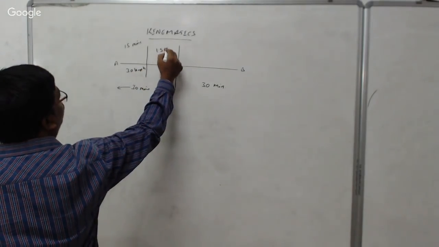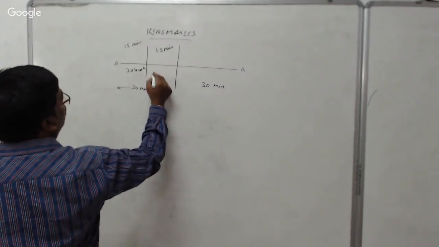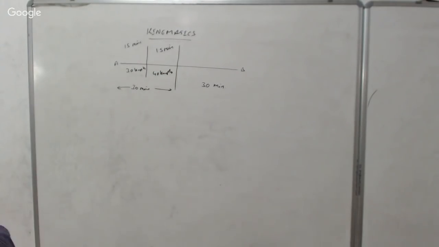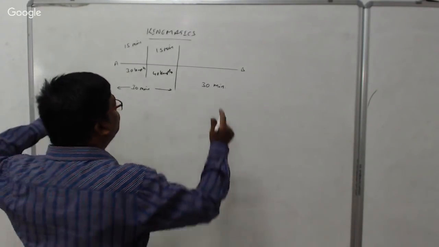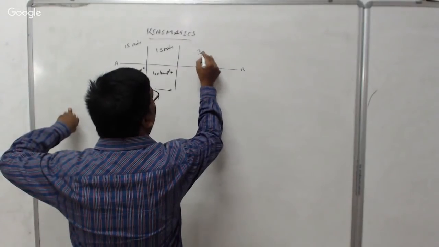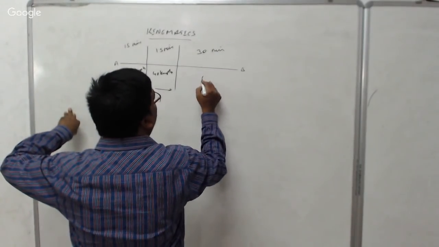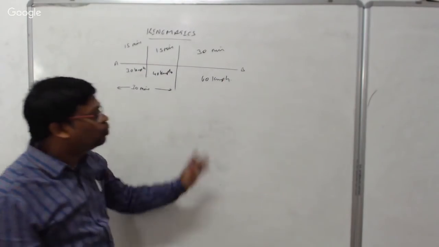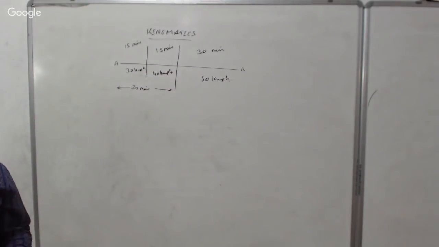The second 15 minutes with 40 kmph. Okay. And the last 30 minutes with 60 kmph. So if you are able to draw the diagram, half of the numerical is said to be done.